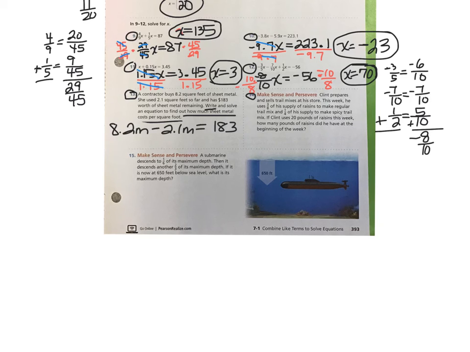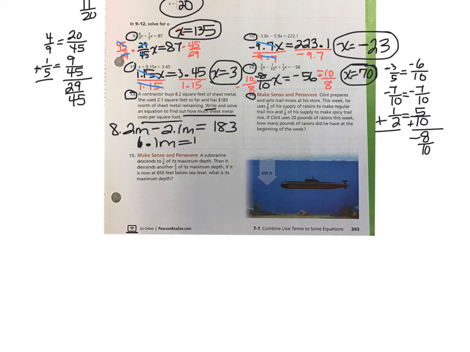In this case, we know that we have 8 2/10 square feet of sheet metal, and the cost is M per square foot, minus, we're going to take what she used, which is the 2 1/10 square feet of sheet metal, and when we subtract that, we're going to find out how much sheet metal does she have left, and that's 6 1/10 square feet.